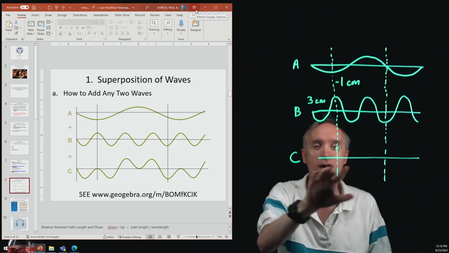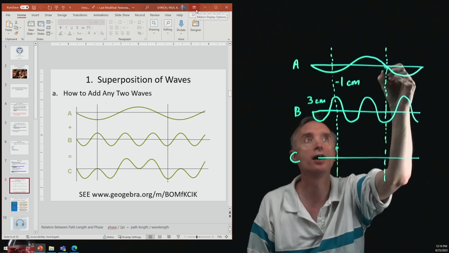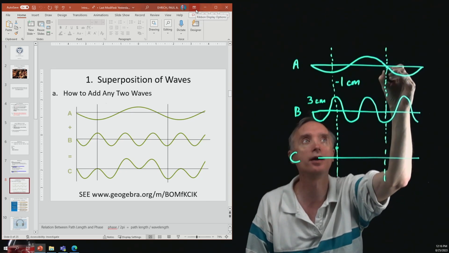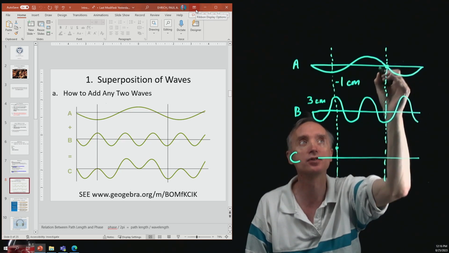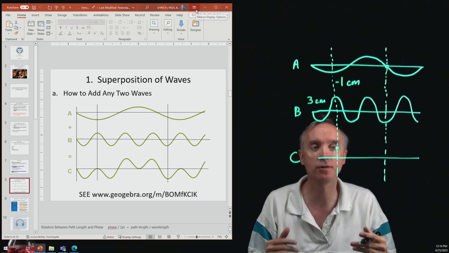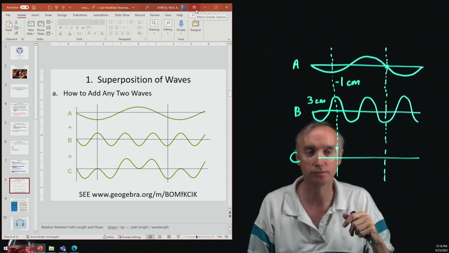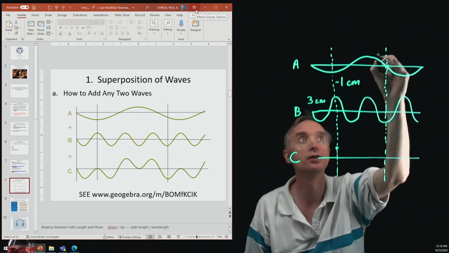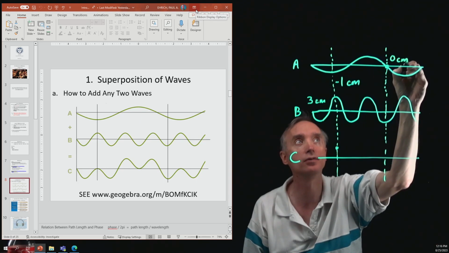Okay, now let's do this one over here. Now this one is not the same one that's in that picture, but I deliberately chose the line so that it went right through here. So if that's where it intersects the horizontal line, how far above the line is it? Well, it'd be a 0. So we would say that this one is 0 centimeters.